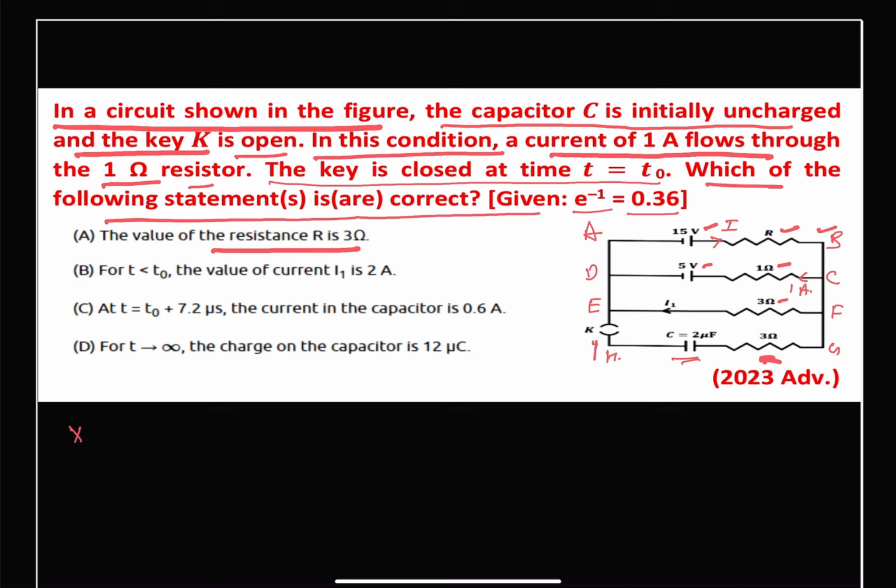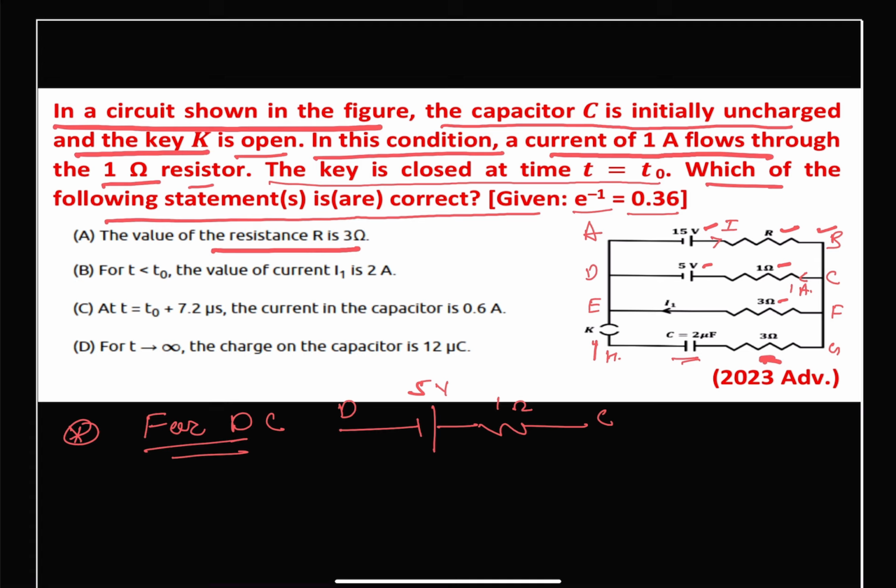So for arm DC, this is our D and this is our C, and the supply is 5 volt and a 1 ohm resistance is there, and it says that 1 ampere current flows through the circuit.